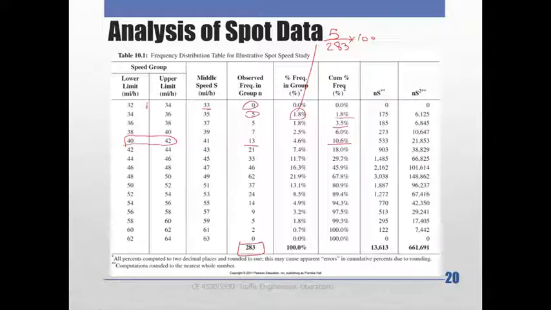After that, what I'm going to do, I'm going to multiply my frequency in there. So where did I get this? NS. So this is the observed frequency in my group. So here I have, what is the frequency? 5 times the middle speed. Not the upper, not the lower range.